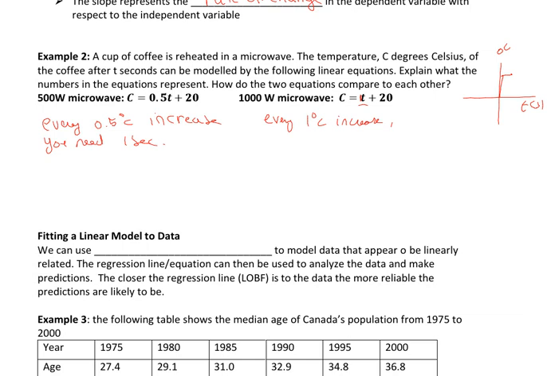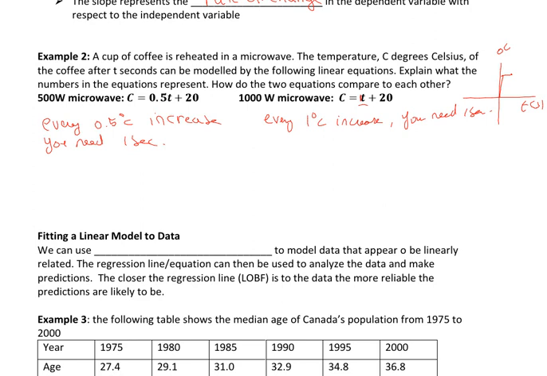So which one is better? This one, right? Because you need less time to heat it to the same temperature, because you're going up by a degree every second. The other one, you need 2 seconds to go up by 1 degree, so you need twice the amount of time to heat it to the same temperature. Make sense?